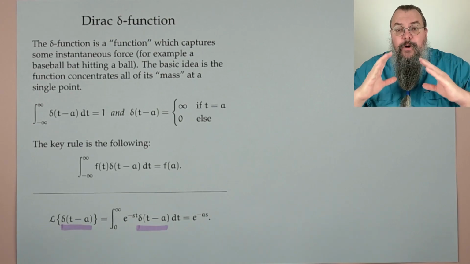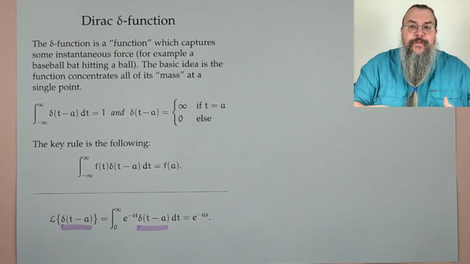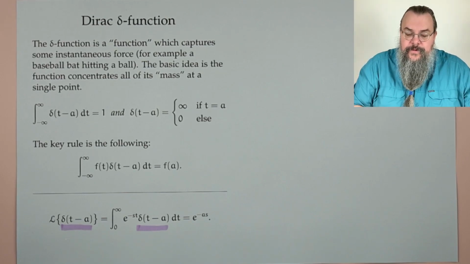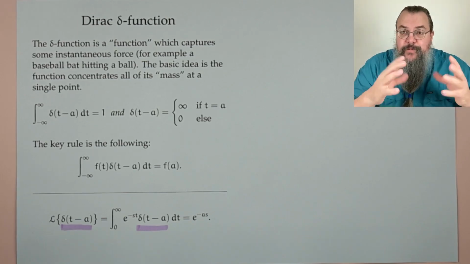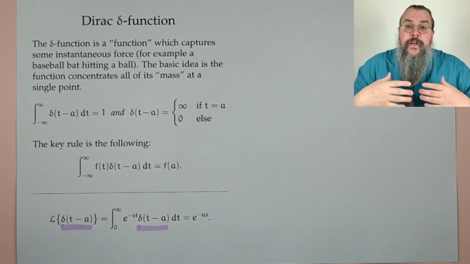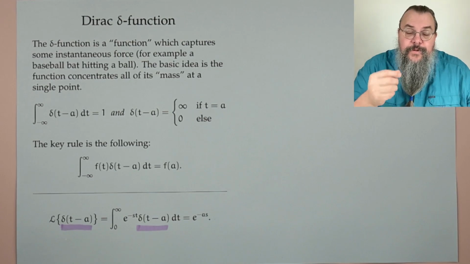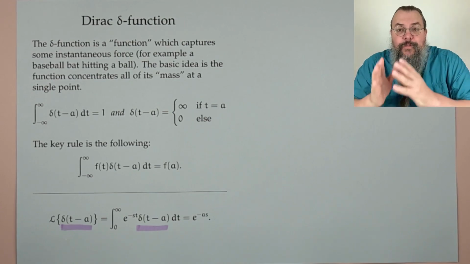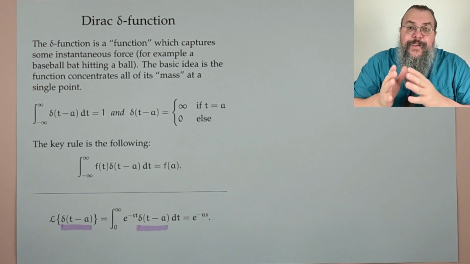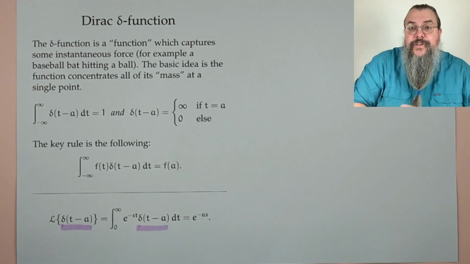Now, it will only show up when we're talking about it in terms of differential equations and solving our differential equation. So we're going to have some differential equation equals a function that involves delta. And when we solve, and we'll see this again, when we see deltas in our right-hand side, it's going to lead to u's in our solution.